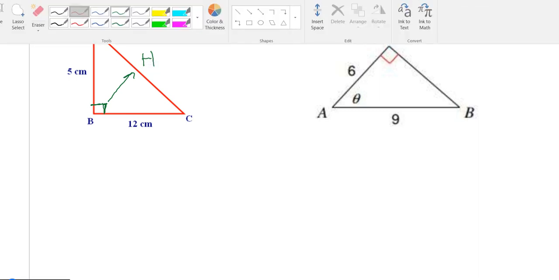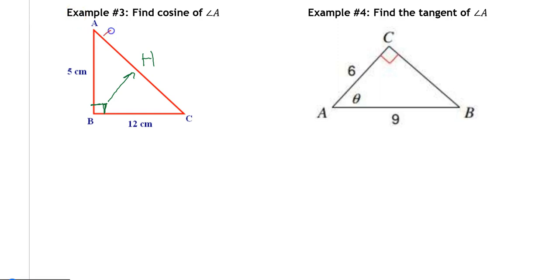Then we are once again finding cosine of angle A. Across from angle A is our opposite side. And then between the angle is our adjacent side. Okay. So we are finding cosine of A.